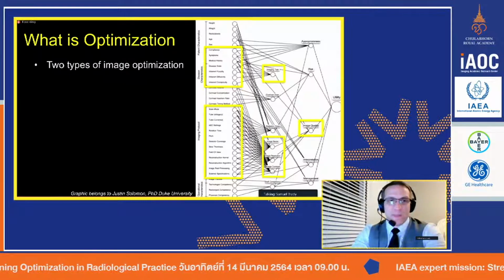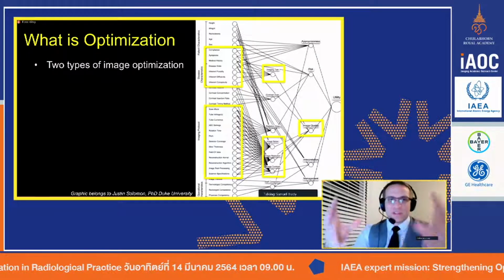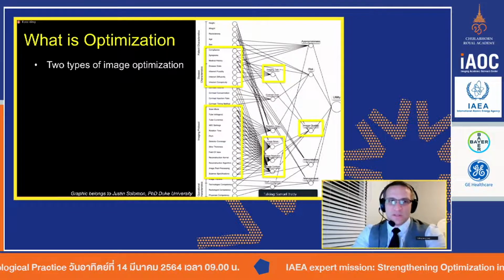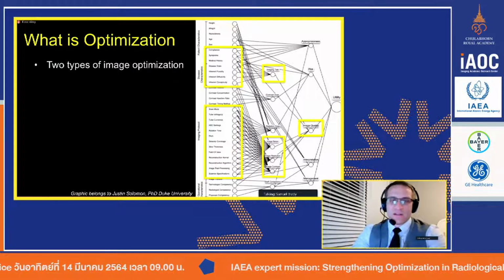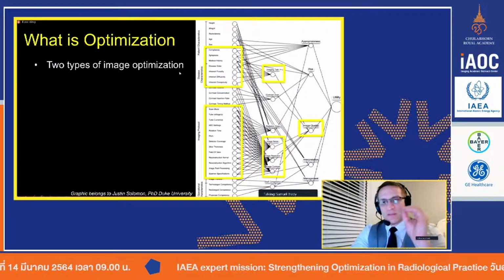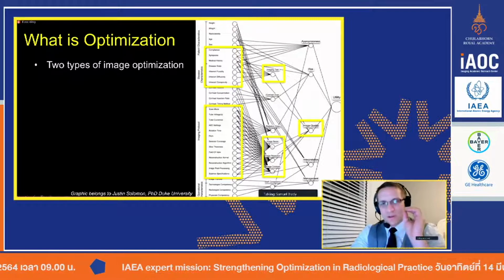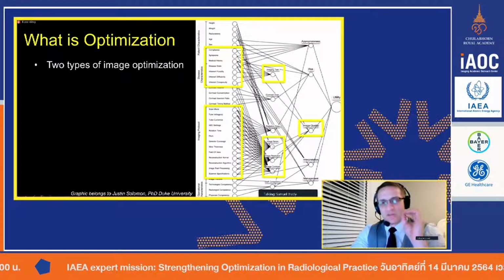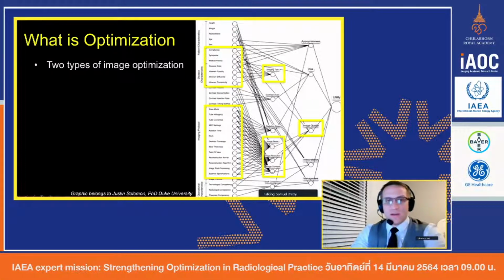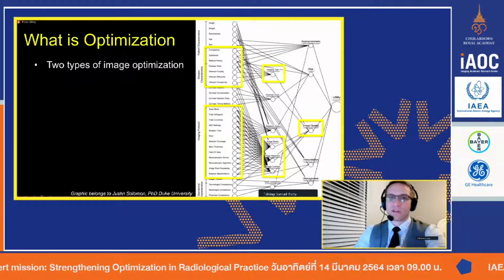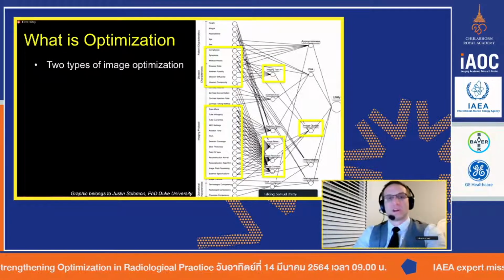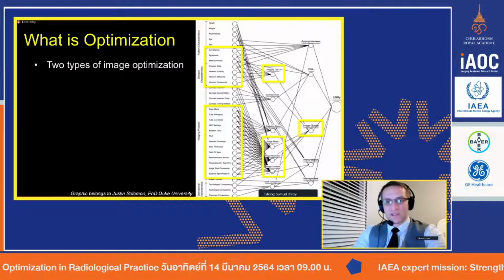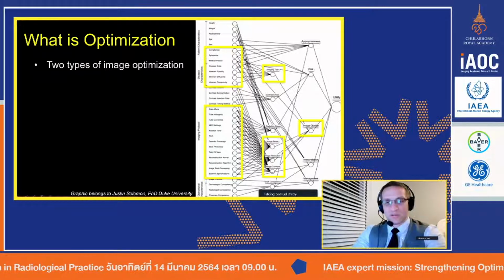All right, so that was really just kind of high level. It was important to talk about the idea that when we discuss image quality optimization, we're not just going to talk about making better spatial resolution, less noise, and maybe enhanced image contrast. Those are steps that we're going to talk about today, but those, as you can see, are just a small little box.